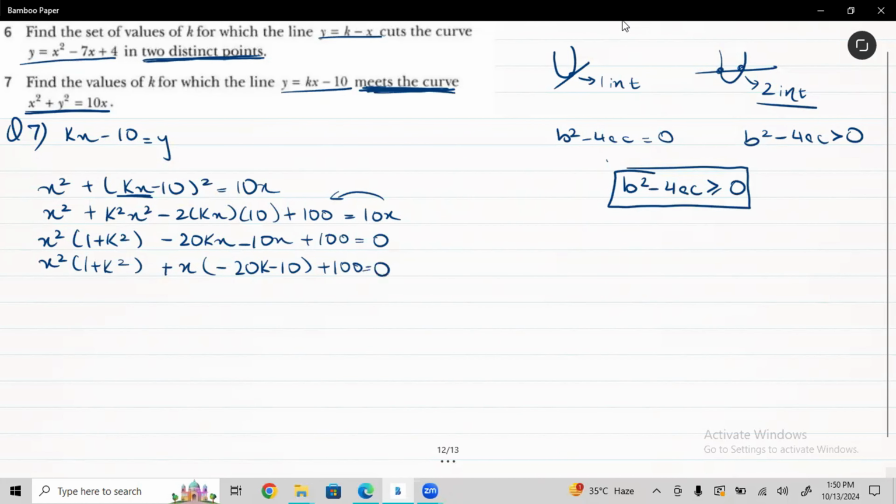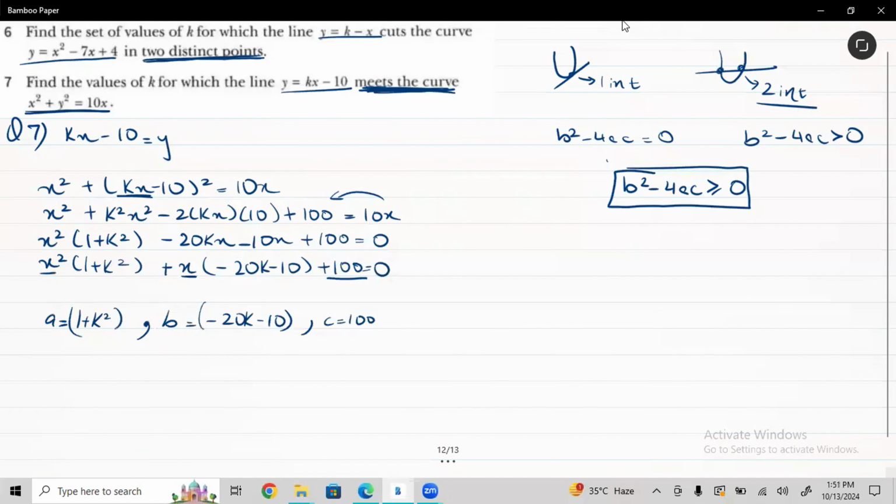Okay, so that's how we simplify this and find the coefficient of x squared, the coefficient of x, and obviously the constant. Following the general formula, the coefficient of x squared is 1 plus k squared as a whole. The coefficient of x is minus 20k minus 10 as a whole. And the constant is 100.